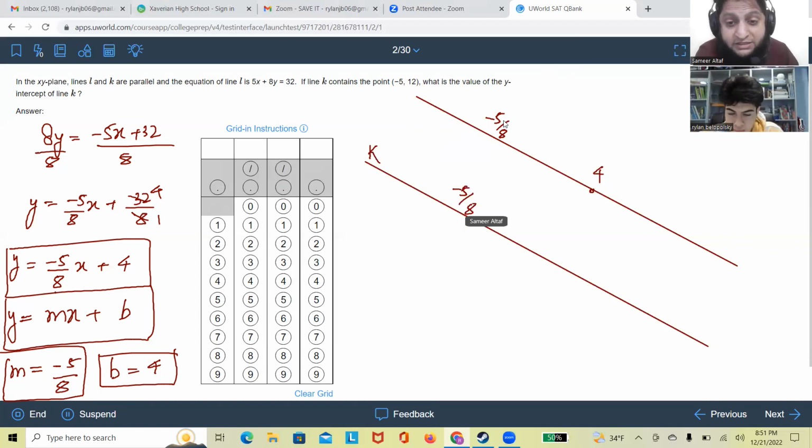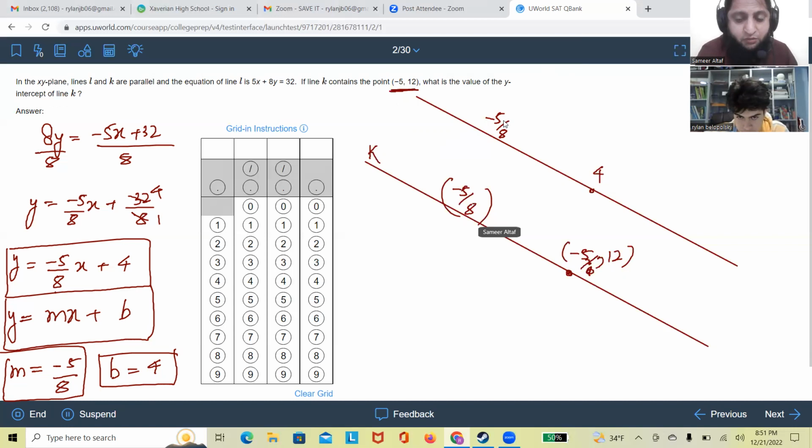Yeah. And it's containing a point, see? Negative 5, 12. They're telling you what is the y-intercept of the line K. We are given the slope of the line K, we are given the point of the line K, and we want to know what is the y-intercept. So what is the general form of the slope-intercept form of an equation of a line?